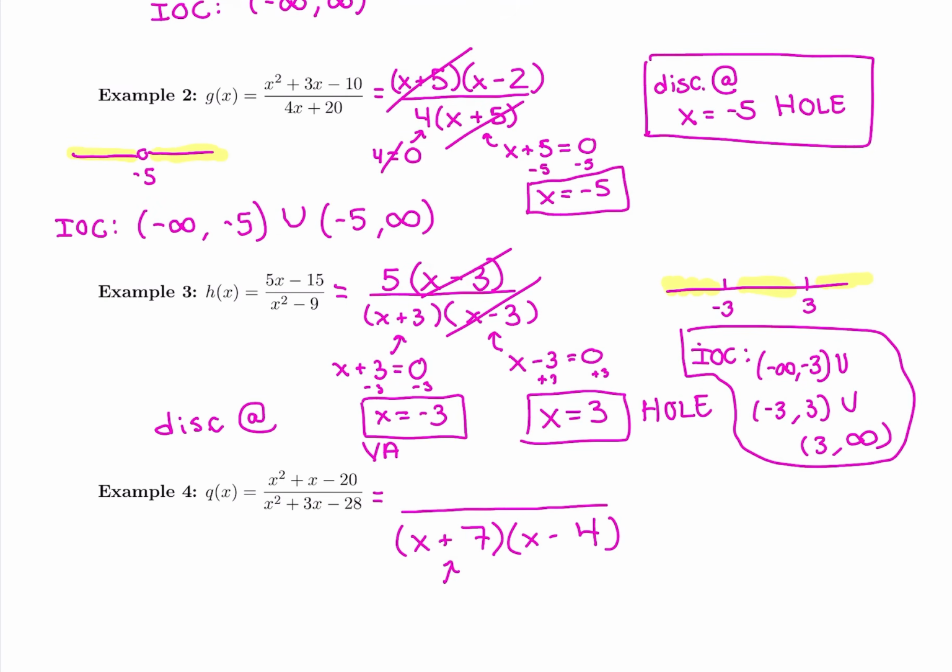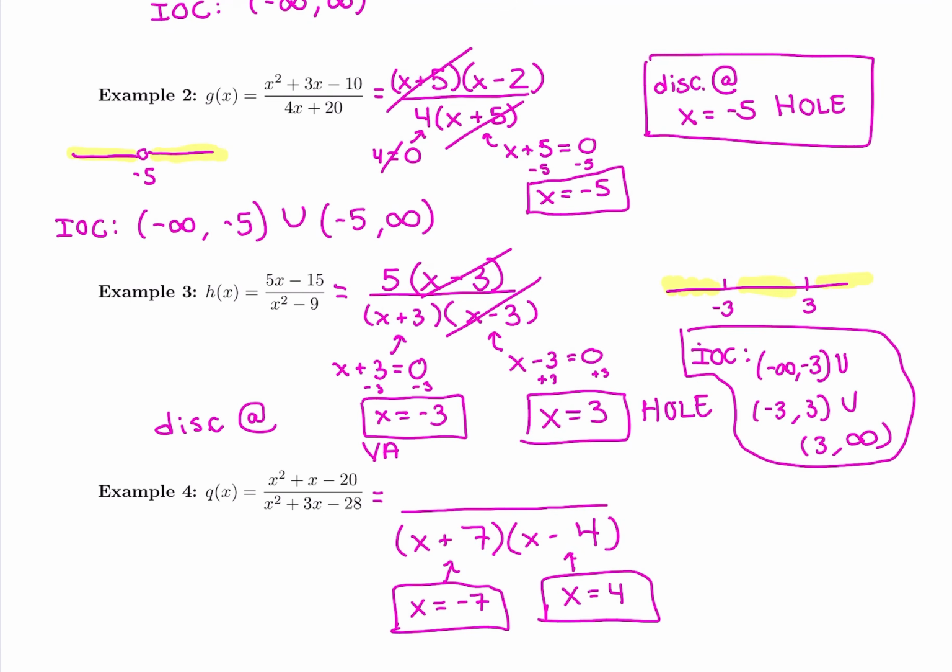What makes x plus 7 be 0 is -7, and what makes x minus 4 be 0 is positive 4. You can set it up like an equation if that helps you, or you might be able to tell the discontinuity without setting it up. So we have two discontinuities.